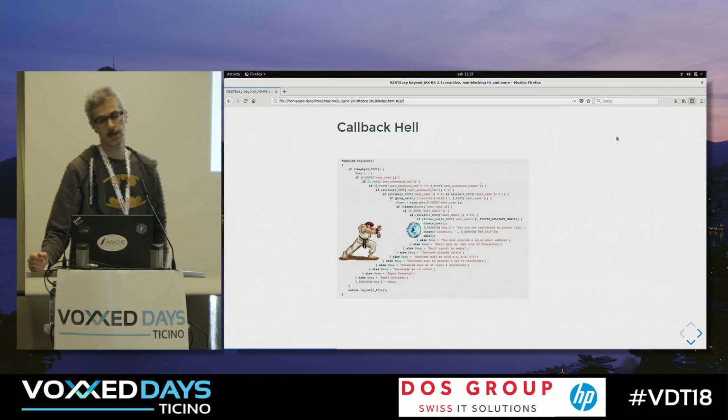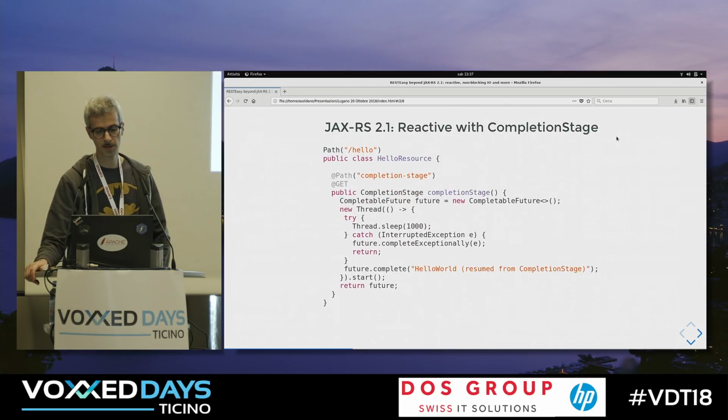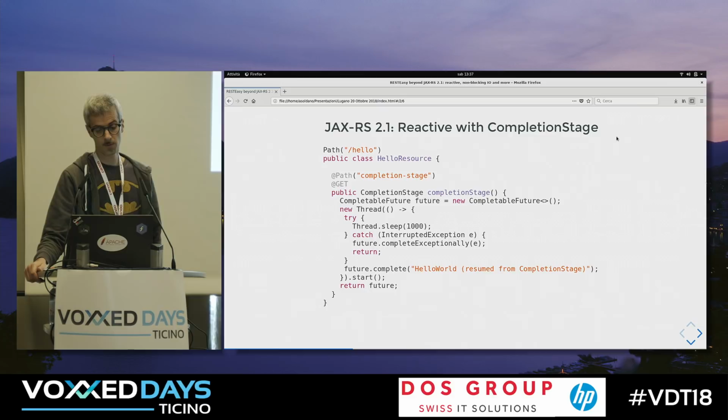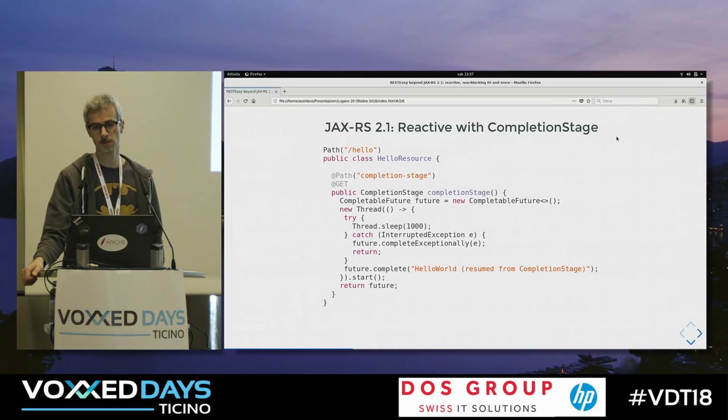And to solve this and try moving forward towards the more modern reactive approach, in the JAX-RS 2.1 specification, which is the latest available so far, and which was completed at the end of summer last year, we have seen that support for CompletionStage has been added. So you can have a resource method that returns a CompletionStage.